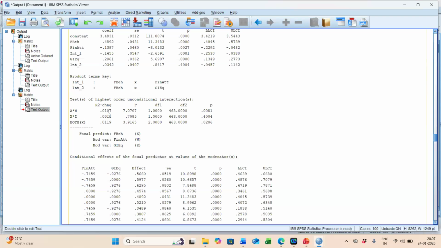The R-square change is 0.0107, that is 1.07%. That is actually significant because the p-value is less than 0.05. Then X and Z, that is behavior and gender equality, the effect is 0.001, that is only 0.1% effect, that is not significant.